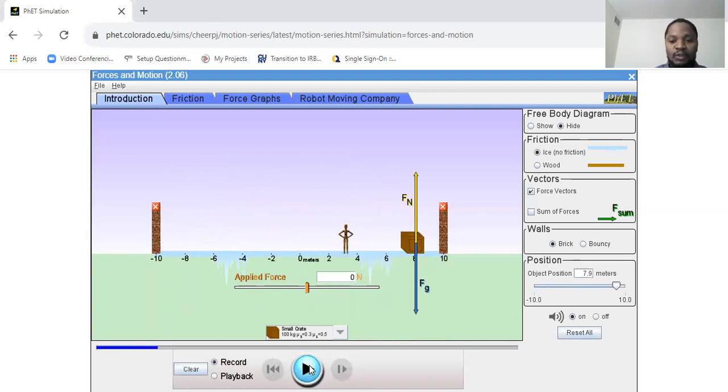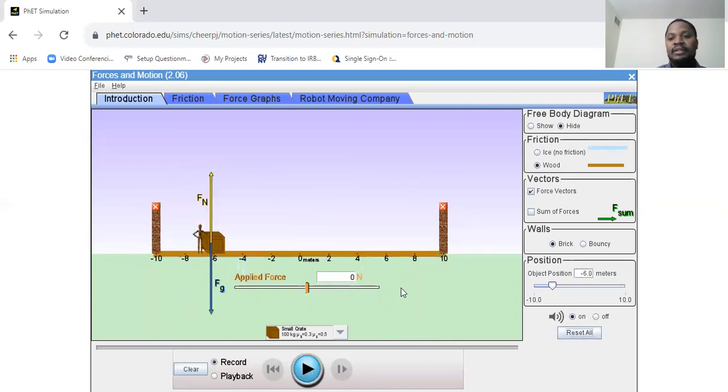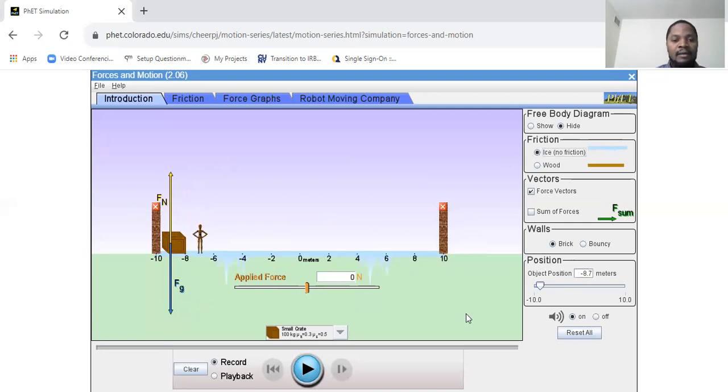We are going to go to question number 3. Before that, let's reset everything. Reset here. Then we have to drag the box closer here and put it on ice. Question number 3 is asking us to compare how fast the box moves with the amount of pushing.